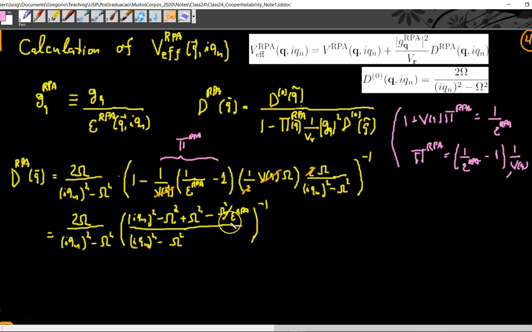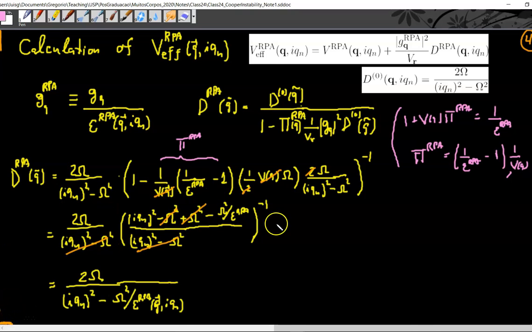So you see that there's going to appear this omega squared divided by the dielectric constant in the RPA approximation. So this minus omega squared cancels with this one. This is to the power minus 1, so this denominator will cancel with this, and this will go into the denominator. So the final answer is 2 big omega over iQn squared minus omega squared divided by epsilon RPA, and this now will depend on Q, right?